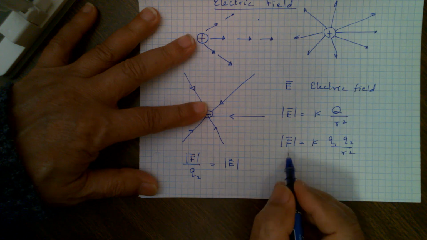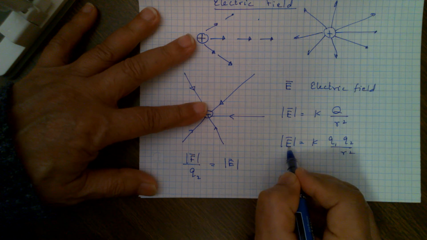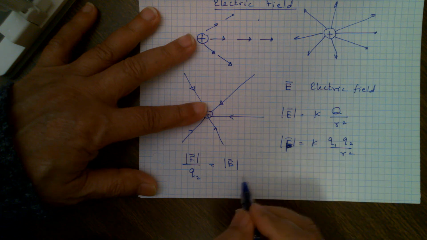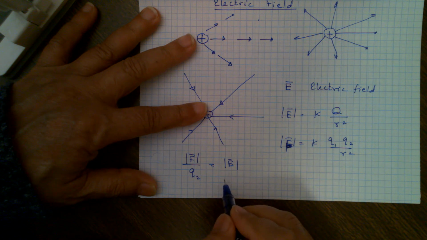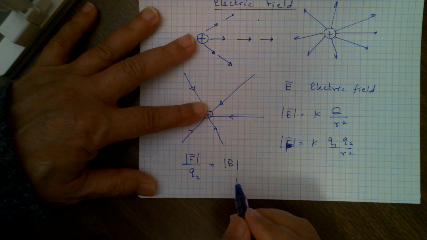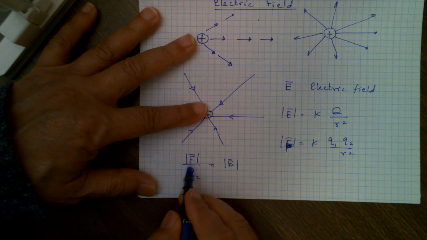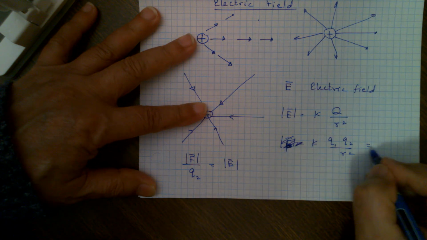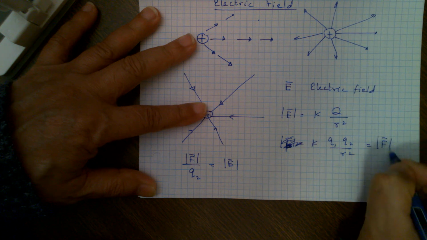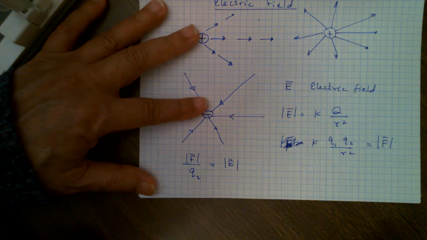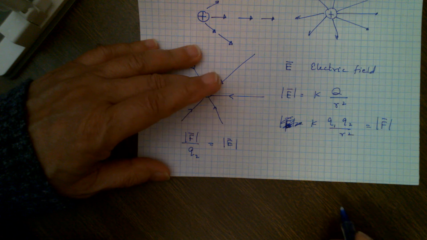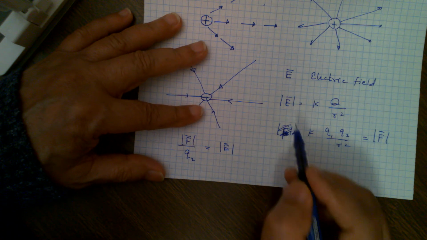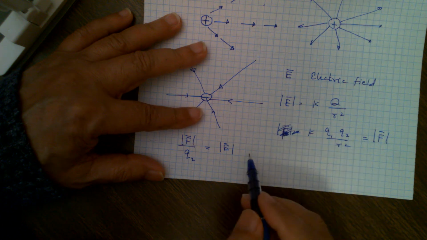So the unit for electric field E will be newton per Coulomb, because force is in newtons and q is in Coulomb. Sorry, I messed up. This is just F, right? Okay. All right. So this electric field E can be interpreted as force per unit charge, all right?